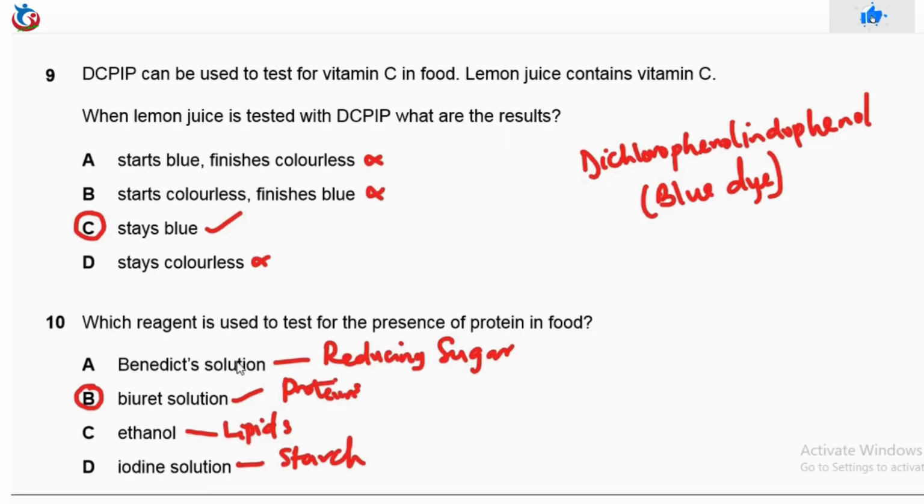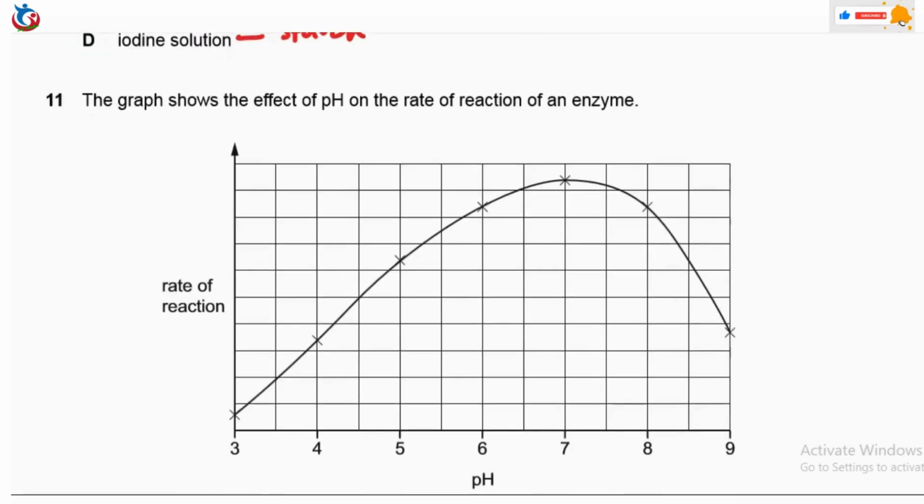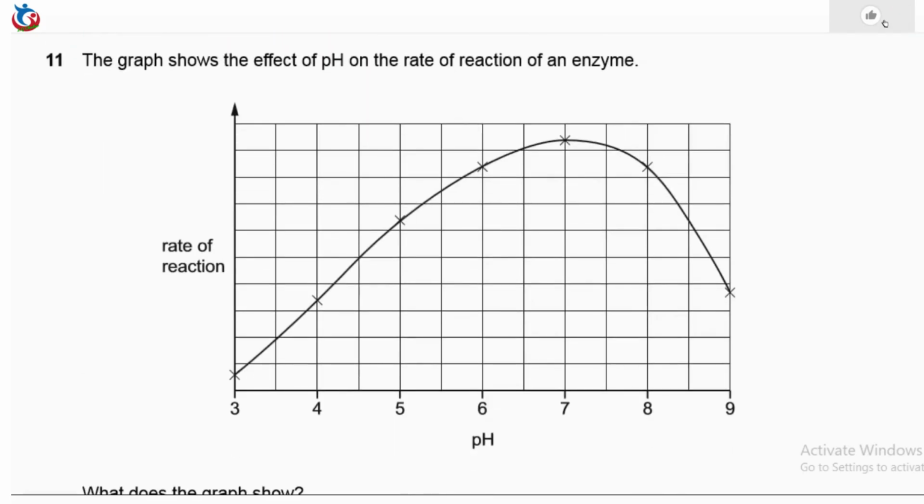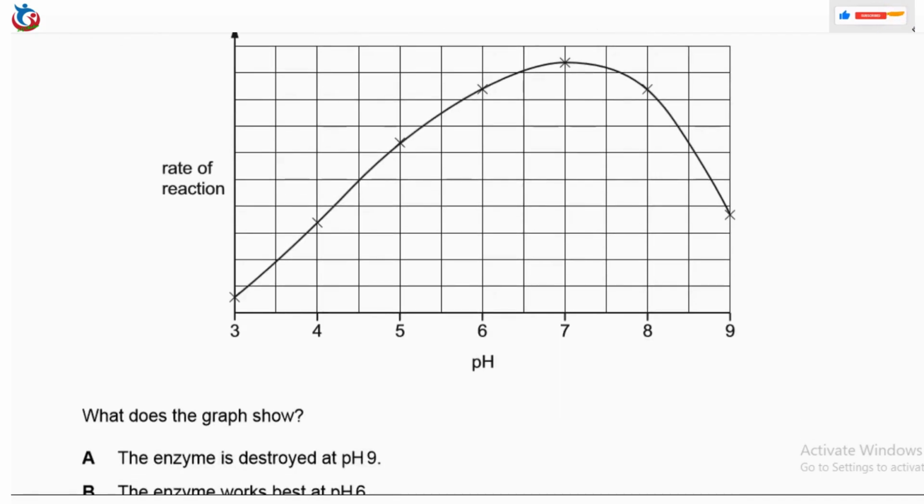Okay, so with this, we'll now move to question 11. Question 11, the graph shows the effect of pH on the rate of an enzyme. What does the graph show? Option A says the enzyme is destroyed at pH 9.